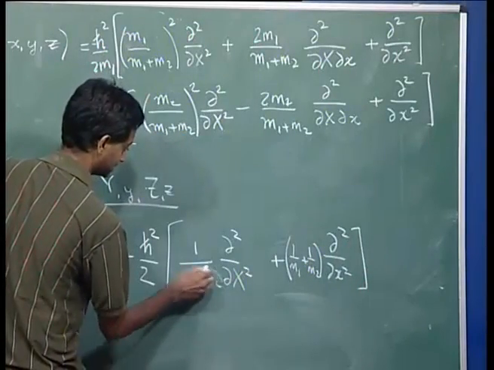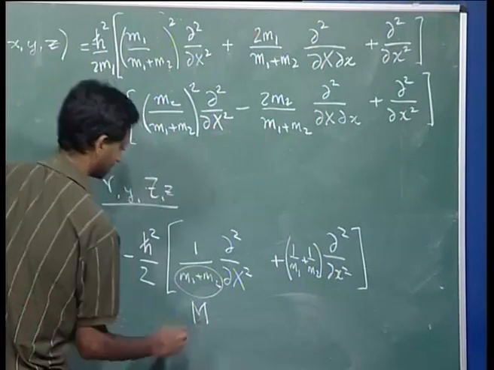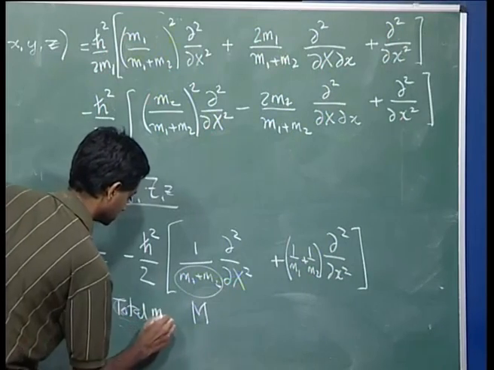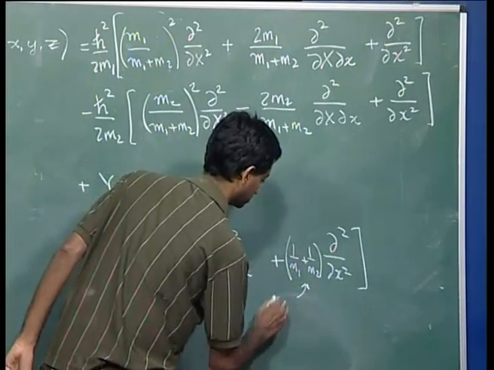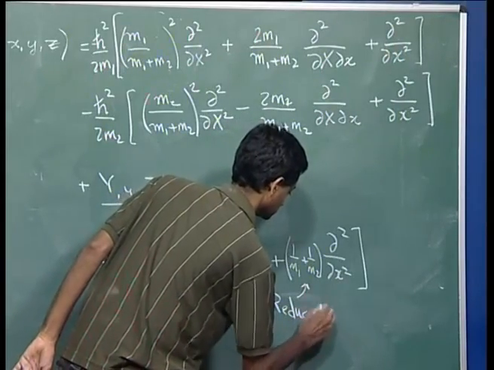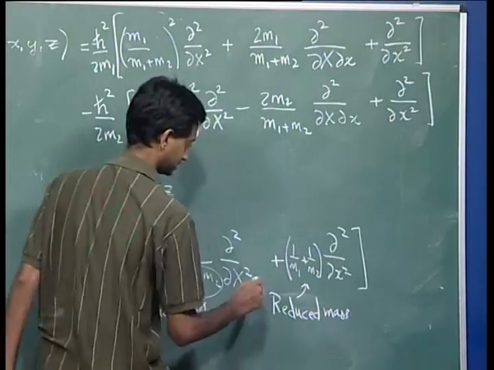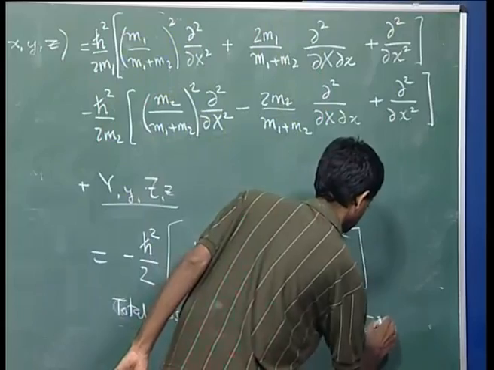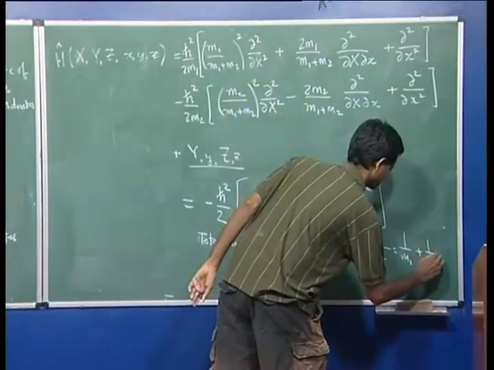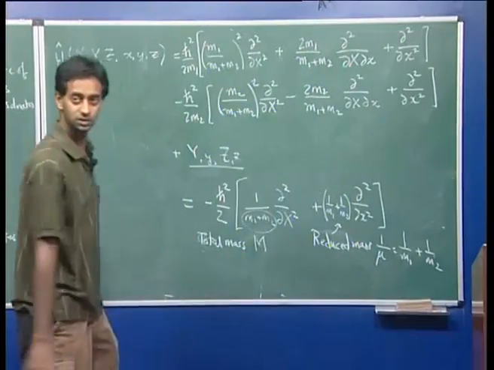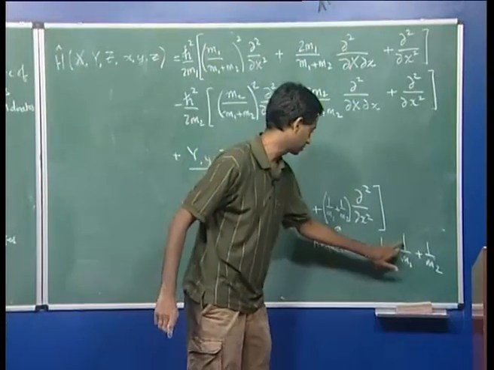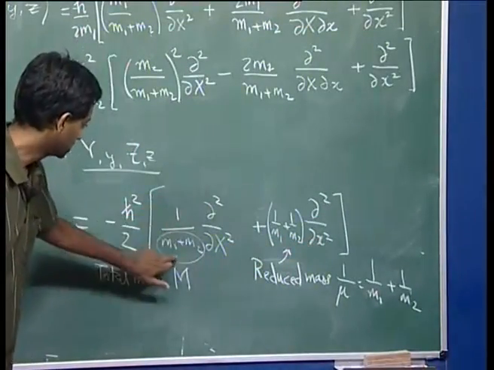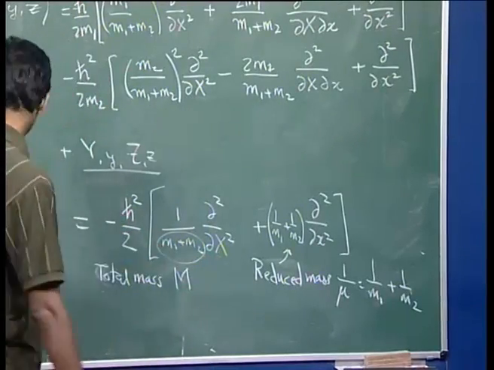And for those who are familiar, this term is called the center of mass, capital M, or the total mass, and this is called the reduced mass, or it's actually 1 over the reduced mass. So, 1 over reduced mass is 1 over m1 plus 1 over m2. So, this looks like 1 over reduced mass d square by dx square, and this 1 over total mass d square by d capital X square.